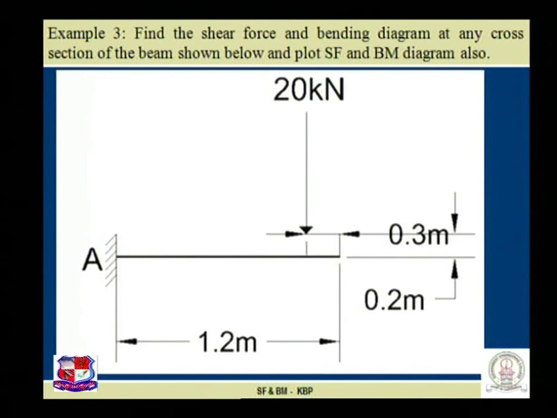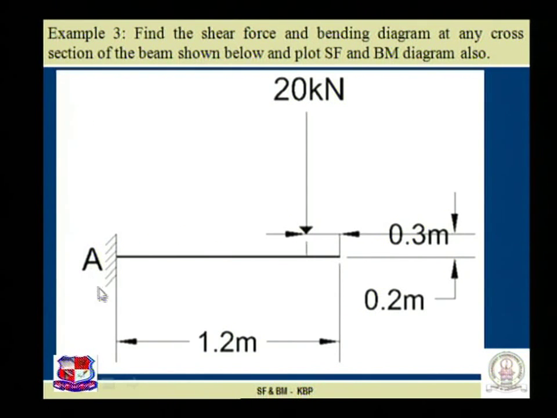Now let us take a third beam, the same cantilever beam, but the load is applied with some bracket connection over here. Means the load is applied at a horizontal distance of 0.3 meter from B, and the vertical distance is 0.2 meter.